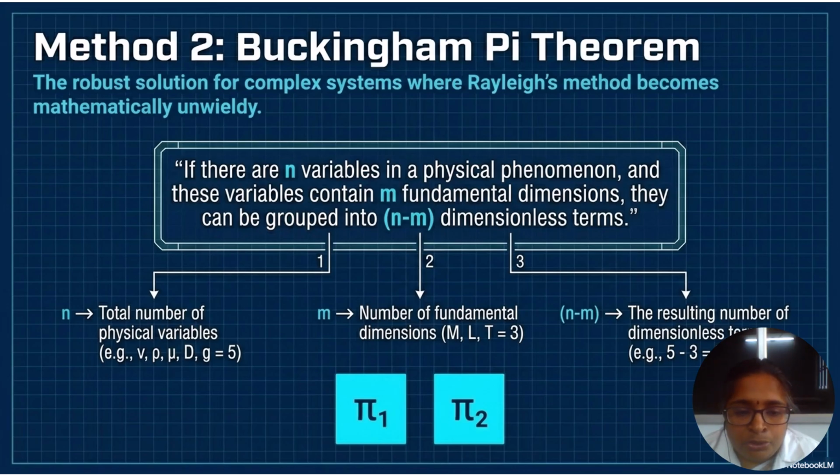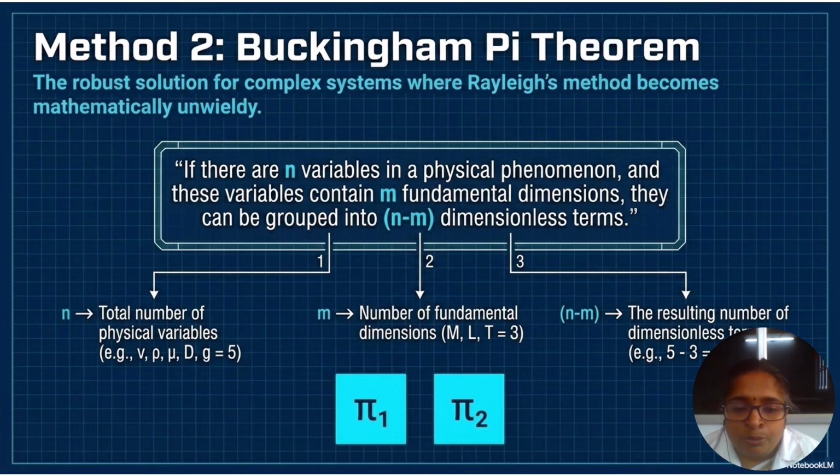n denotes the total number of physical variables, for example v, rho, mu, d and g, which is equal to 5. m denotes the number of fundamental dimensions, as discussed earlier, which is only 3: mass, length and time. The resulting number of dimensionless terms is n minus m, that is 5 minus 3 equals 2.